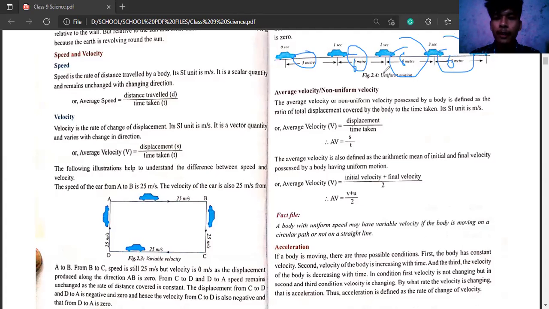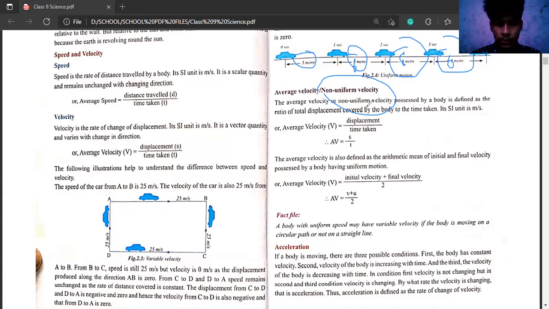So if the displacement varies according to time, we can call that non-uniform velocity. The average velocity of a body is defined as the ratio of the total displacement covered by the body to the time taken. It has been given as a definition.